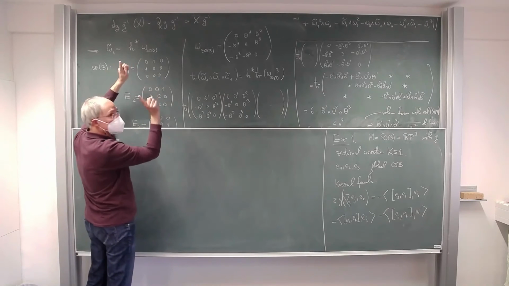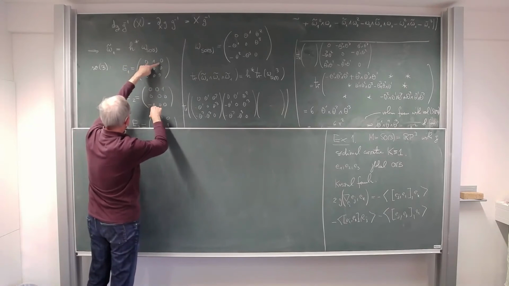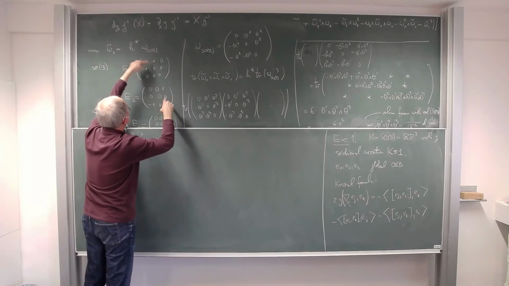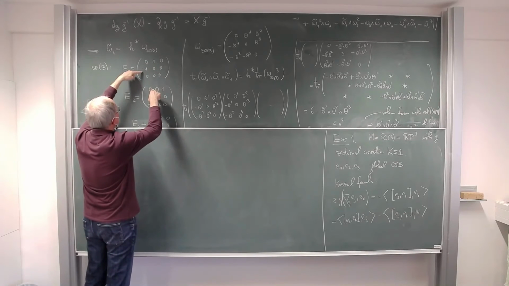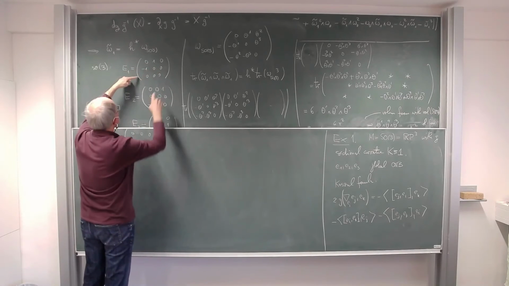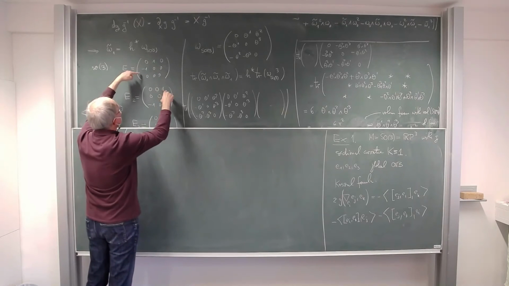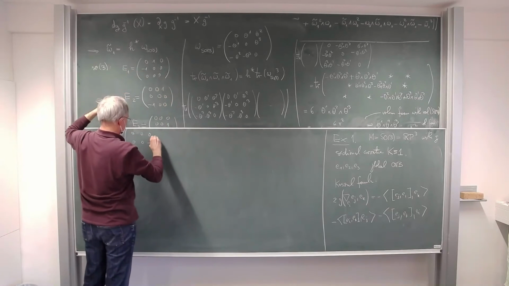So now watch closely if I do it right. 0, 0, 0, 0, 0, 0, 0, 0, 0, 0, 0, minus 1, and zeros.